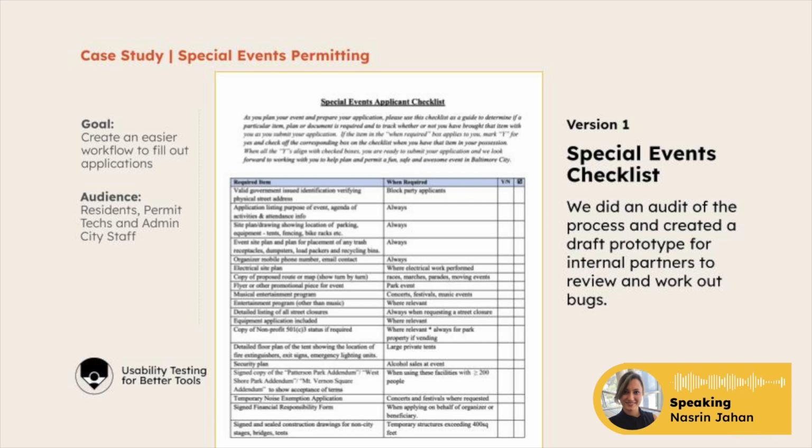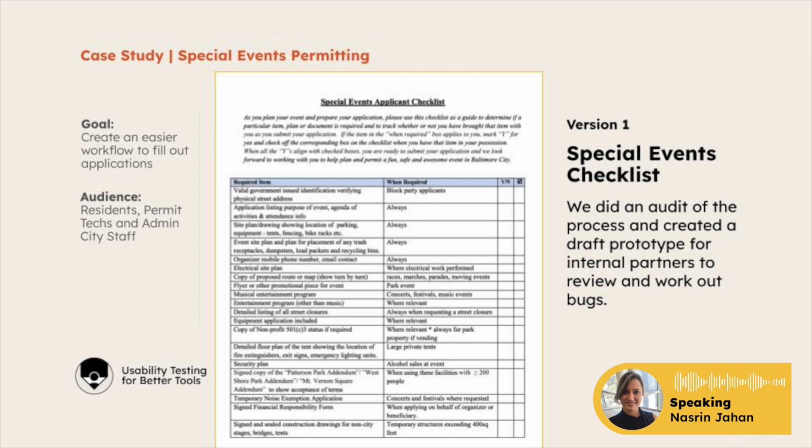The applicant had to download it and, based on the required items, mark yes and no. Then, based on that, they would find the forms from the browser or website, download them, fill them out, and take them to the permitting office.